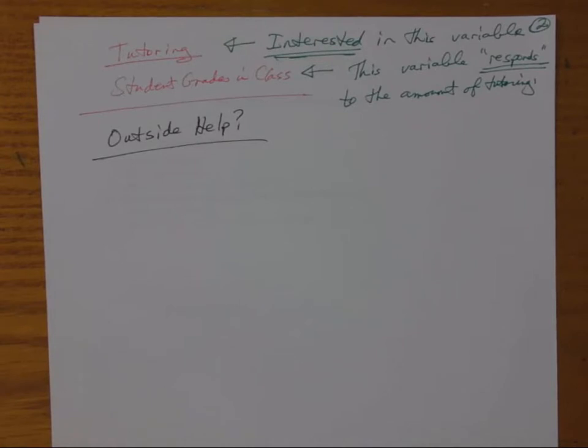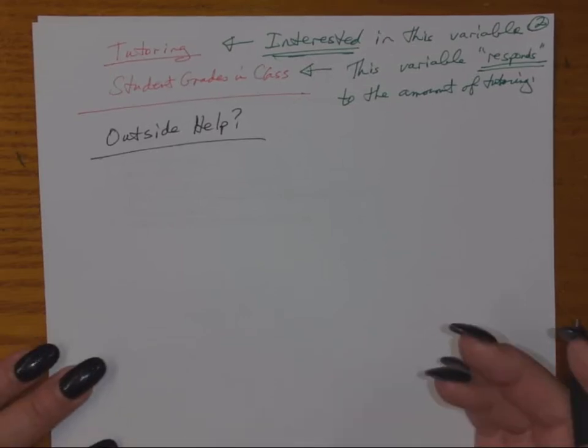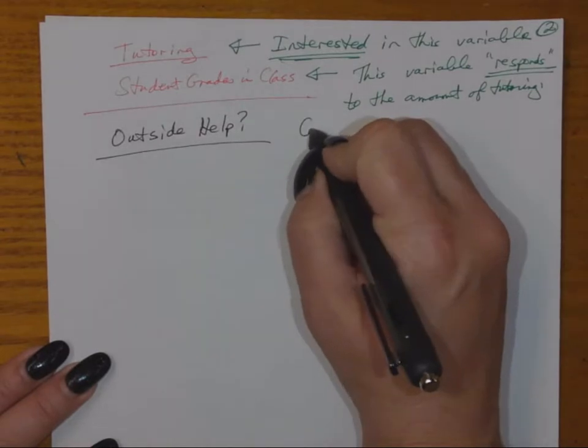If they're getting some outside help, then that might actually give them positive results here, even though they're not attending our tutoring session, right? So it might mess us up, so to speak. We might have to worry about that. So in this case, what we say is this is a confounding variable.